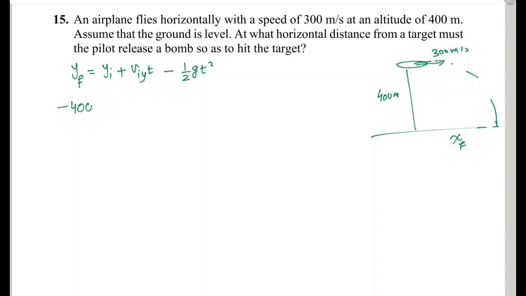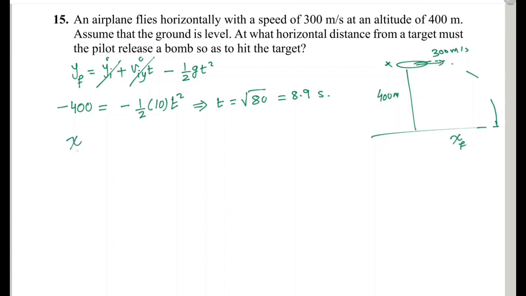Minus 400, assuming that this is the origin here, equals minus half ten t square. This is 0 and this is 0, and from this one here t equals the square root of 80 or 8.9 seconds.